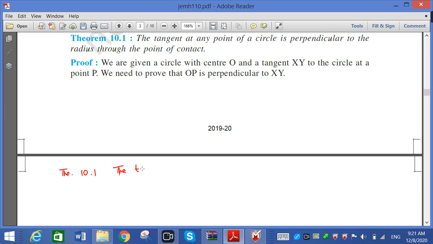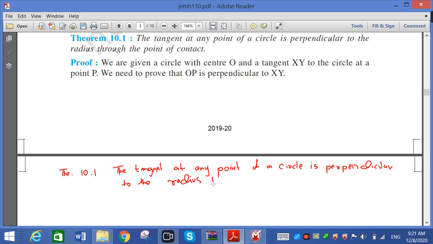That is given as a statement: the tangent at any point of a circle is perpendicular to the radius through the point of contact.